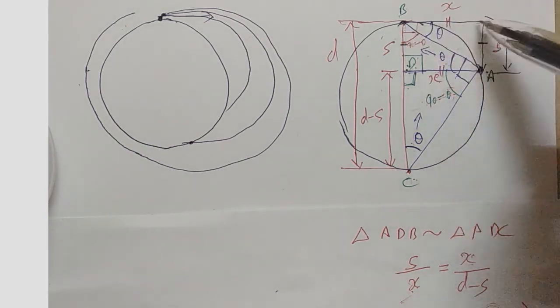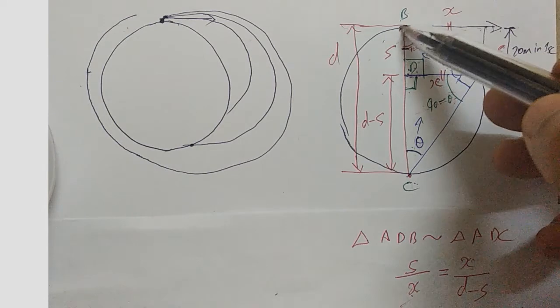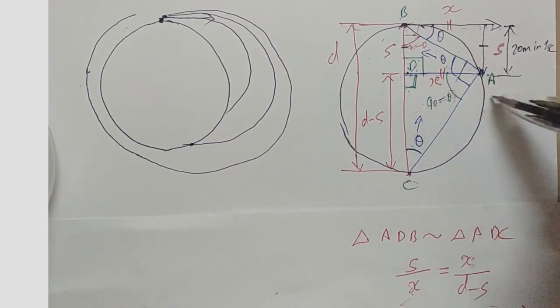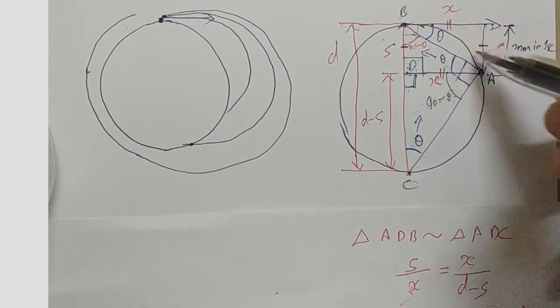We can easily find the speed at which the ball continuously falls towards the earth.